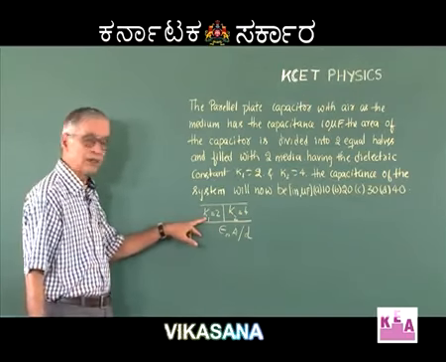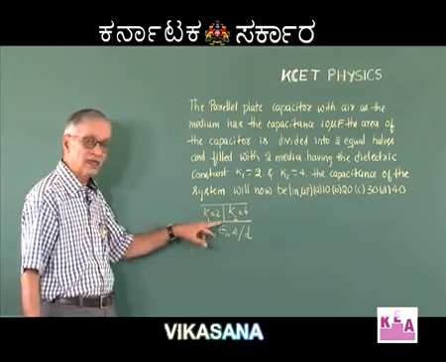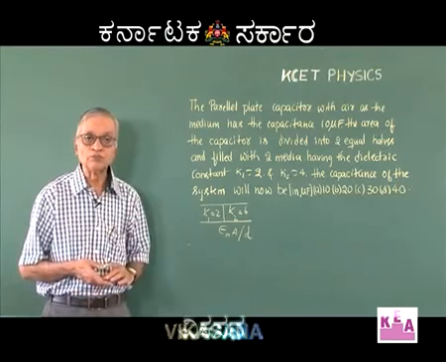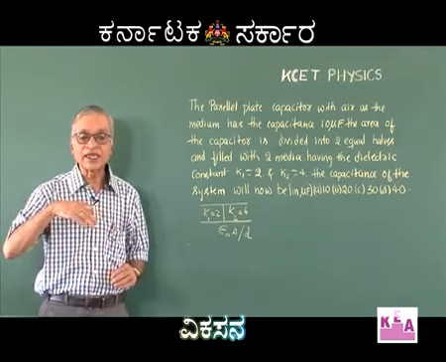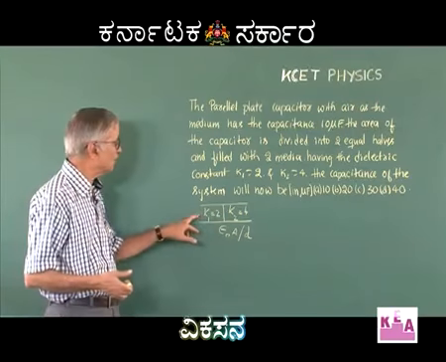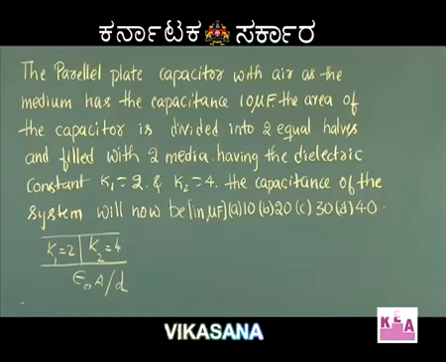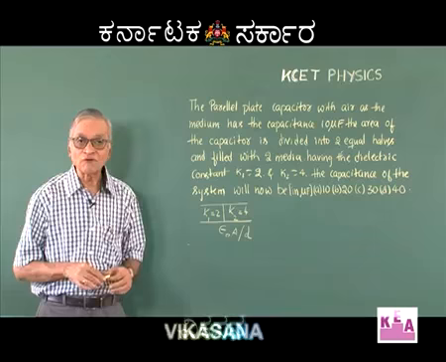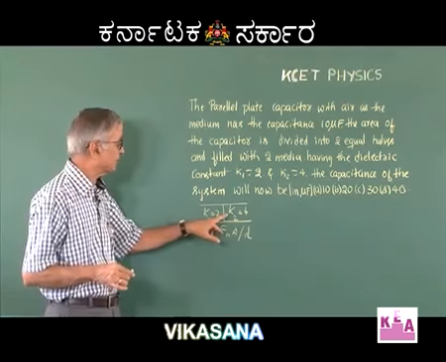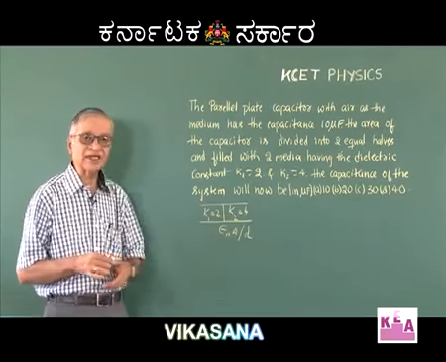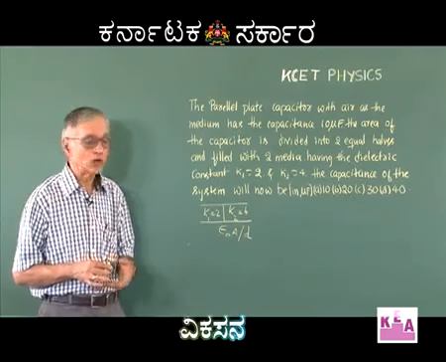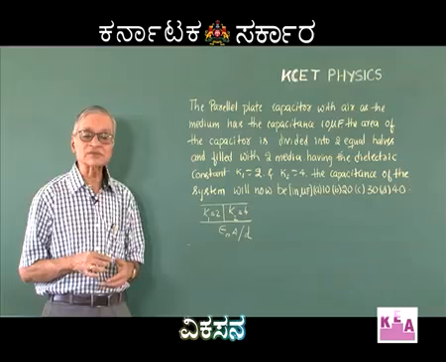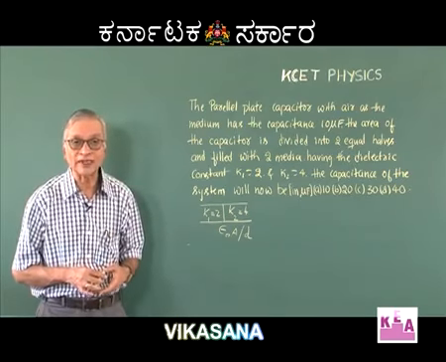If you now fill it with a dielectric material of dielectric constant 2, capacity increases K times, meaning 5 into 2 is equal to 10. The second half, also with the air medium, had the capacity 5 microfarad, but you have filled it with the dielectric material of dielectric constant 4. Therefore, the capacity of the second part becomes 5 into 4 equal to 20.